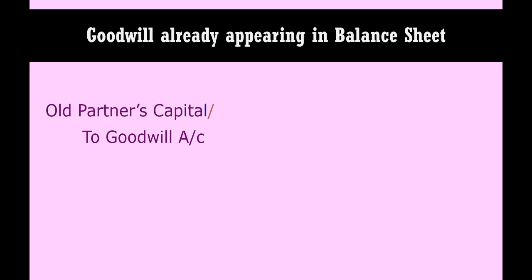Being an asset, it has a debit balance. Now, to distribute this, we will credit it, then we will give this to the partners. So old partners' capital or current account debit, so this will be distributed among old partners in their old profit sharing ratio.